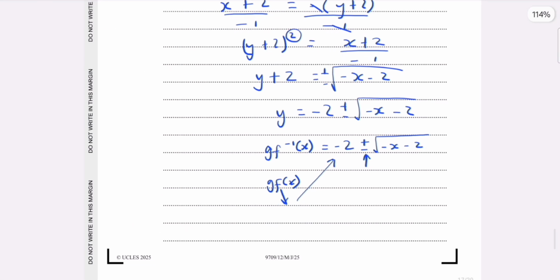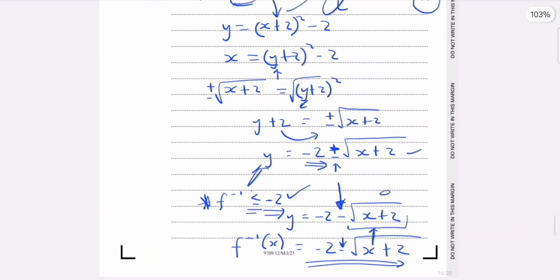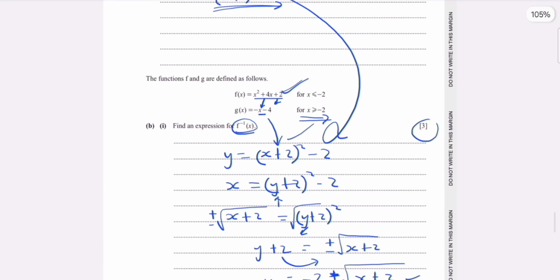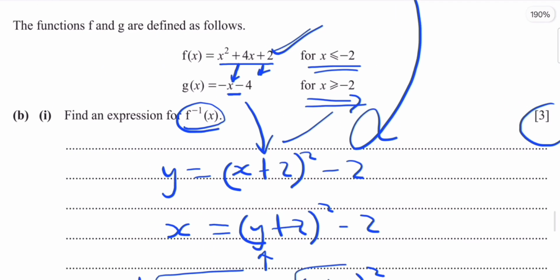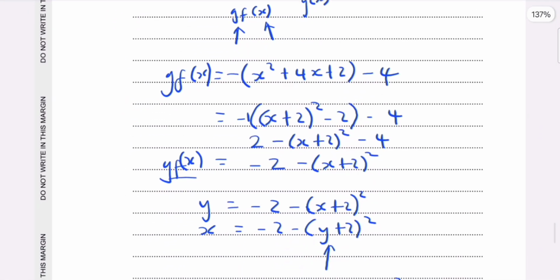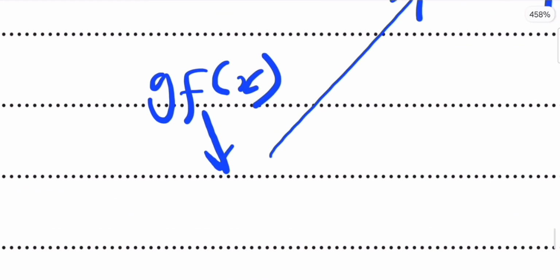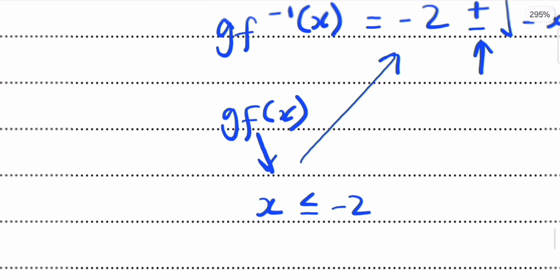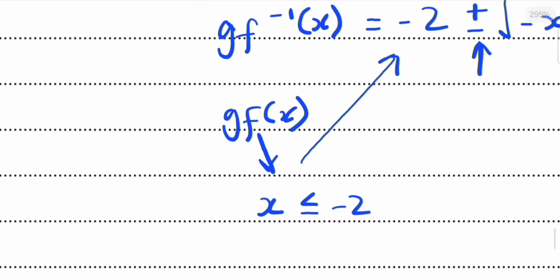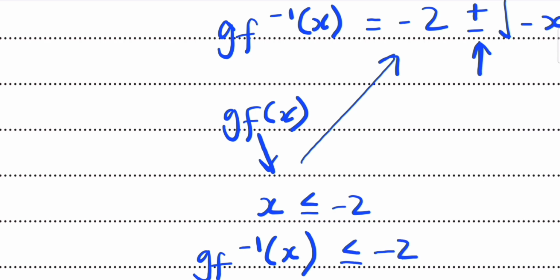So the domain of f of x from the question here is x less than or equal to minus 2, right? x is less than or equal to minus 2, and that means that for the inverse of gf of x, it's also less than or equal to minus 2.